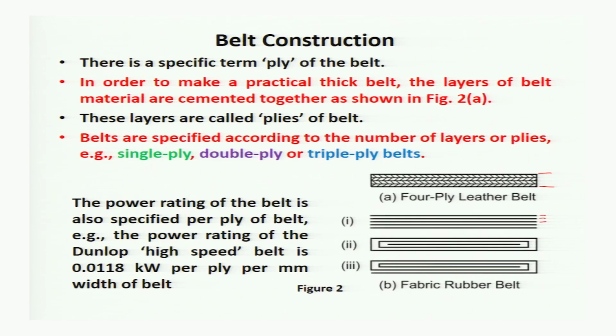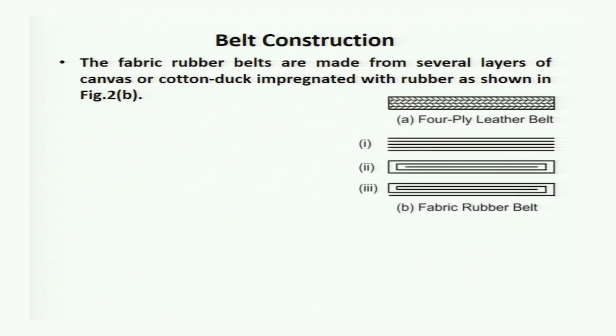For example, the power rating of Dunlop high speed belt is 0.0118 kilowatt per ply per mm width of the belt. Fabric rubber belts are made from several layers of canvas or cotton. This is the figure B. There will be fabric and the rubber.